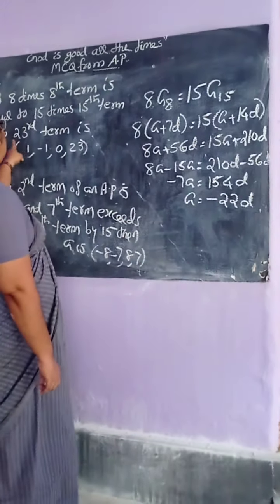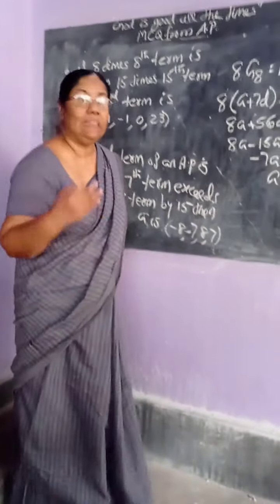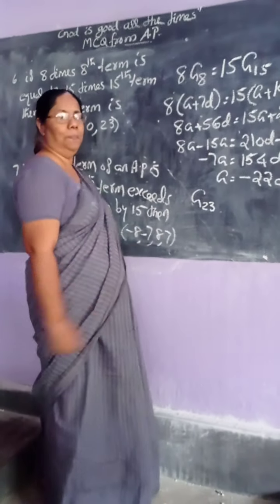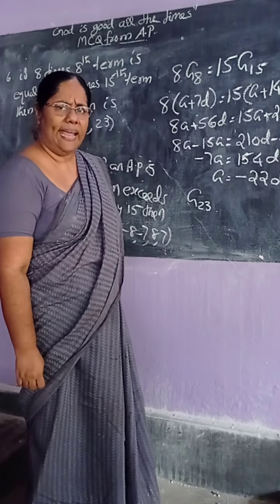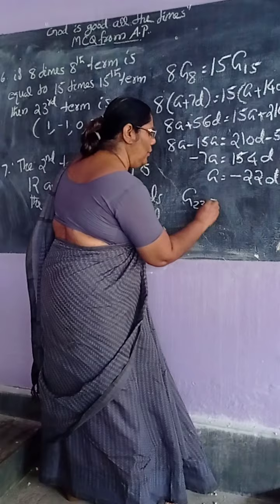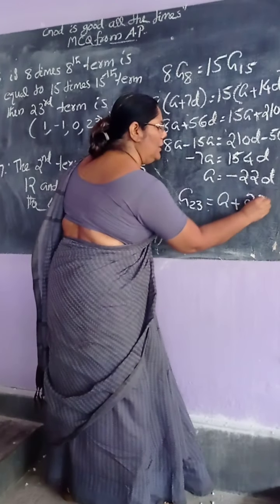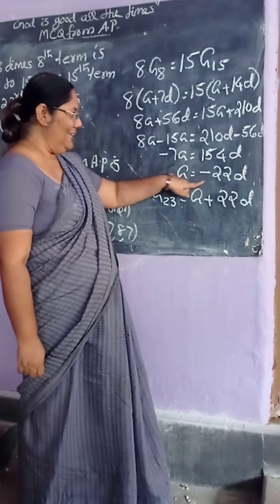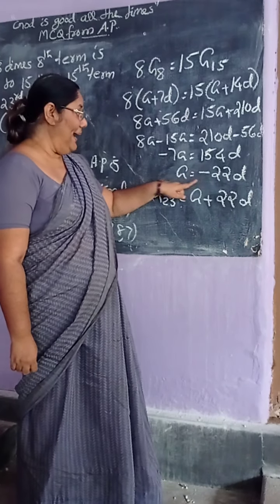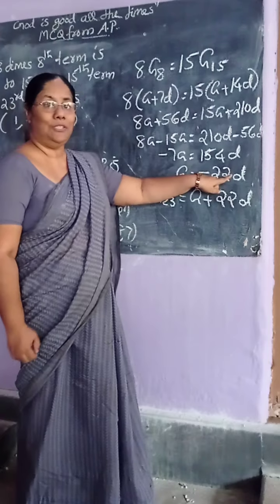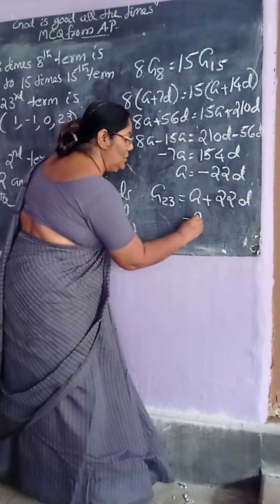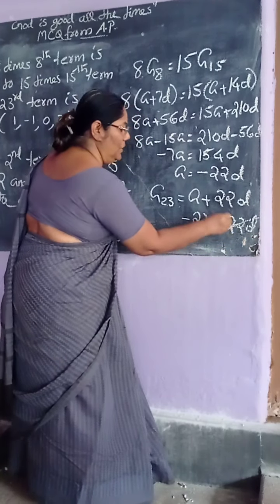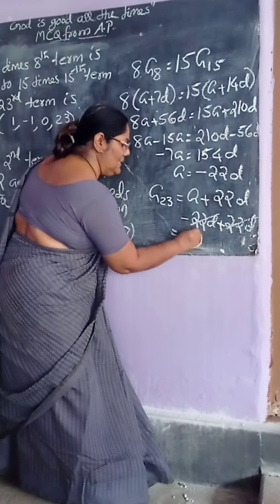Our question is, find its 23rd term. A23 is the question. Say the formula. What is A23? Yes, A23 means A plus 22d. From the line above, A is equal to minus 22d, so minus 22d plus 22d cancel.